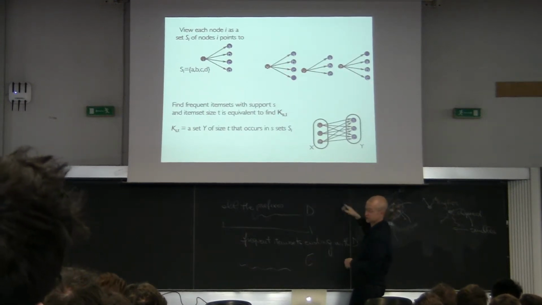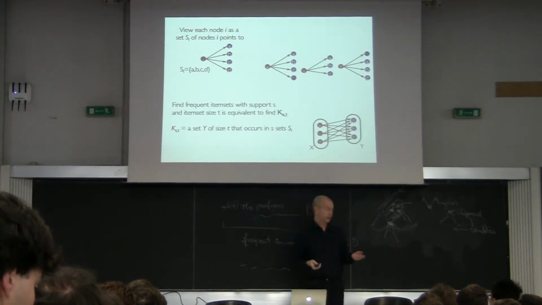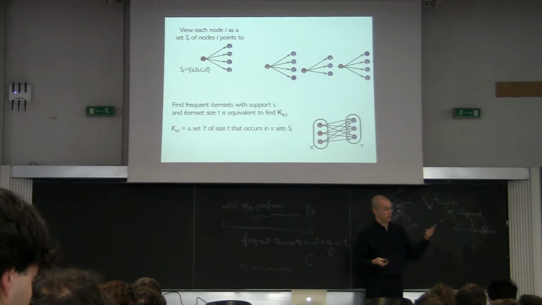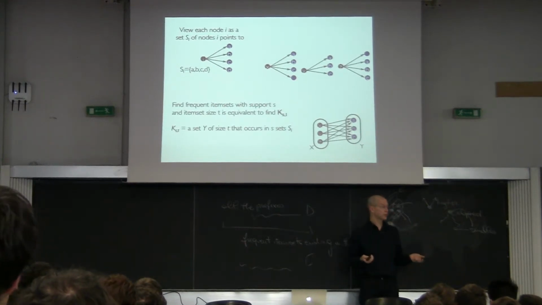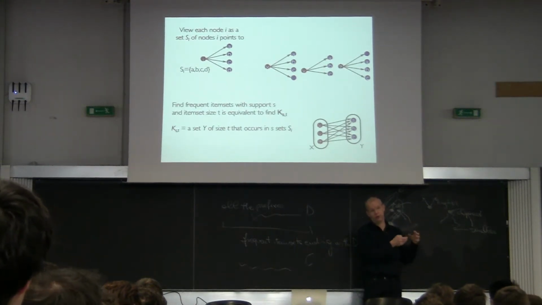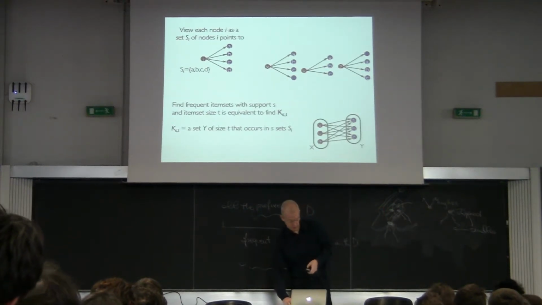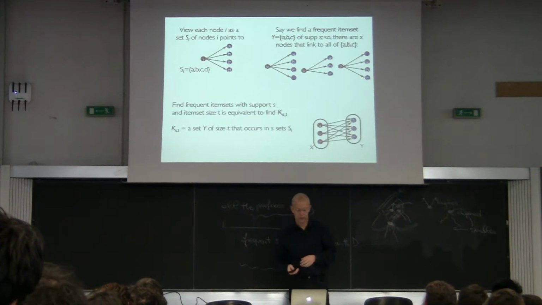There should be some dots there, but there aren't. And so, for instance, I'm interested in knowing that ABC, which is a three-topic pattern, has a certain support. That means that at least the support value of people are discussing these three topics. And that's how I would do it.